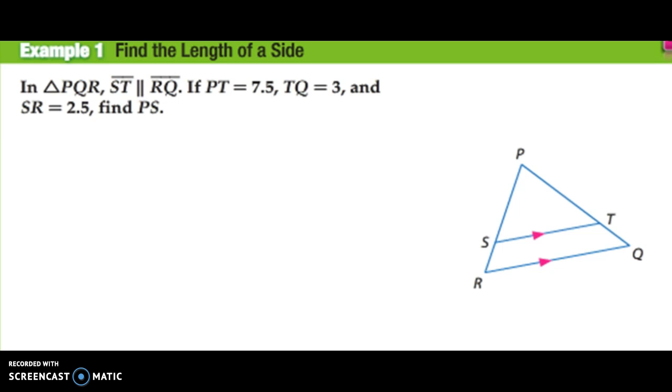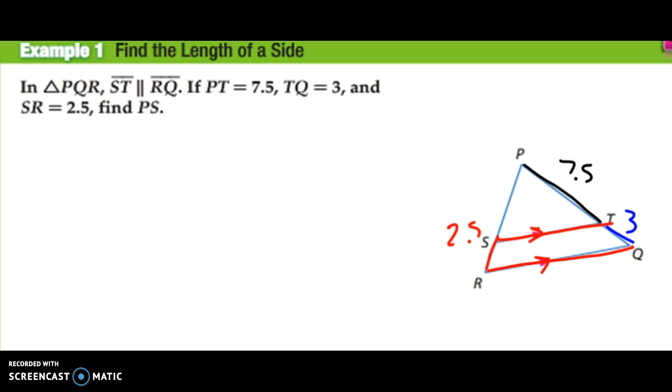It says in triangle PQR, ST is parallel to RQ. So these two lines are parallel. Okay? We know that PT, this length, is 7.5, and we know that TQ is 3, and we know that SR is going to be 2.5.